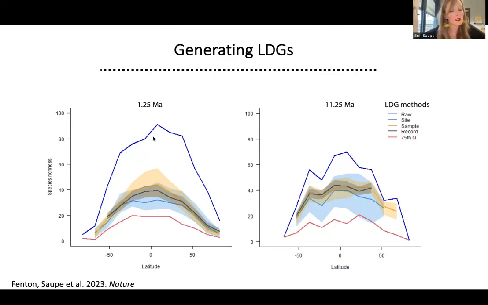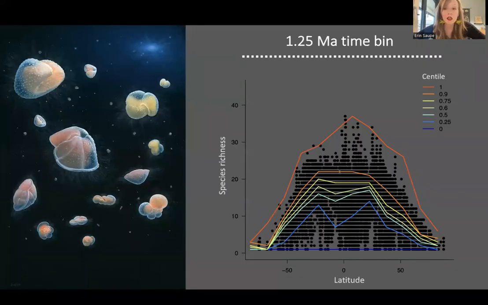You can see this here for the time bin centered on 1.25 million years, and the time bin centered on 11.25 million years ago. This is our centile approach.